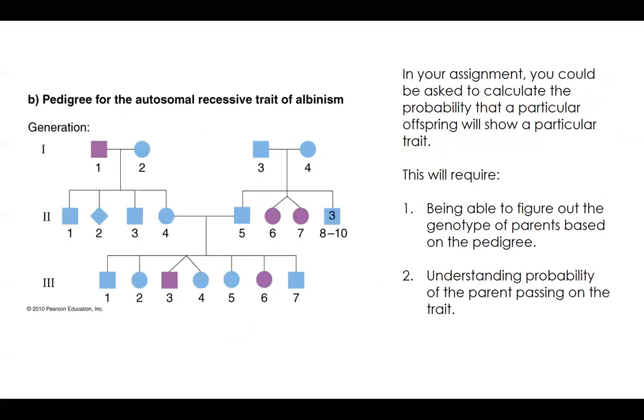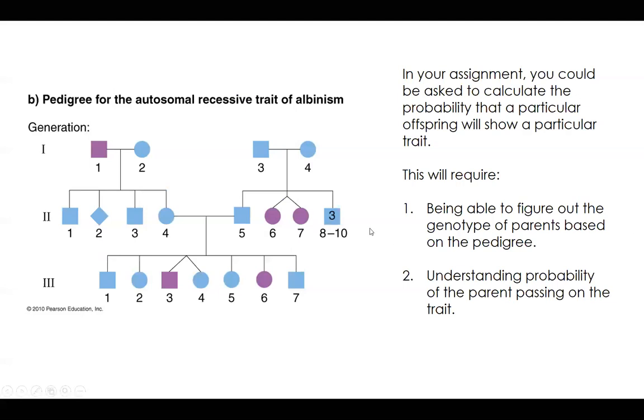So in your assignment, we're going to be asking you to calculate the probability that the offspring of two parents will show a particular trait. This is going to be a very general example, but it should get you through the initial part of this assignment.